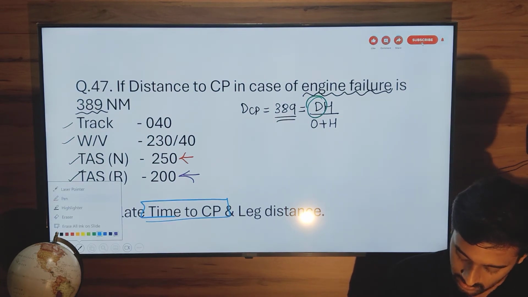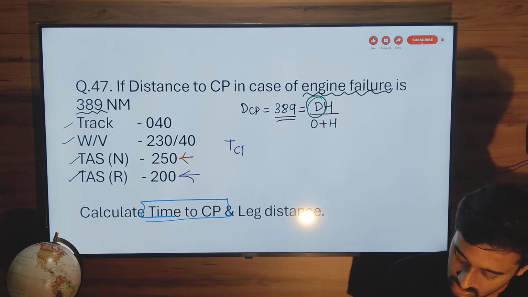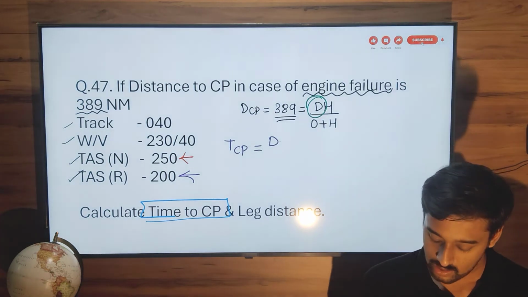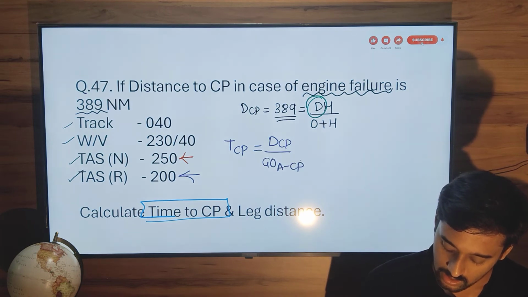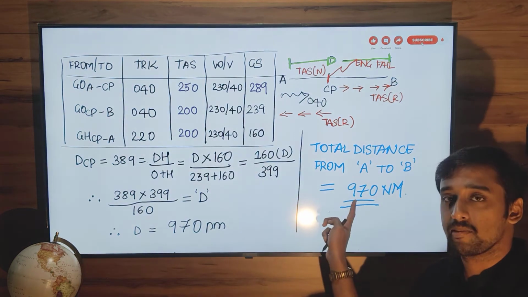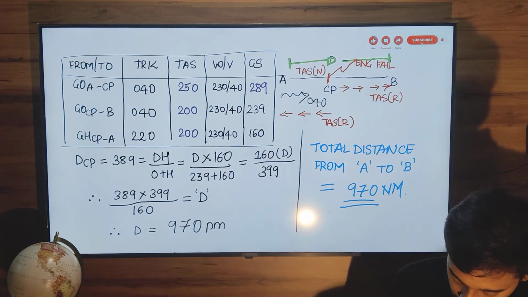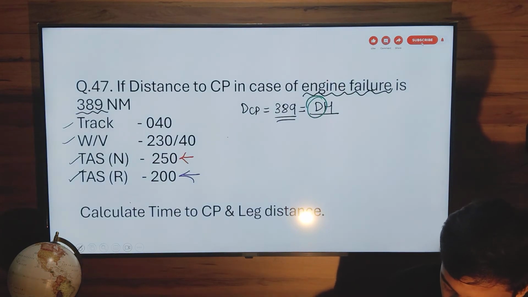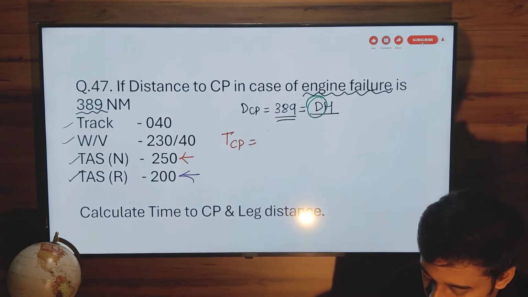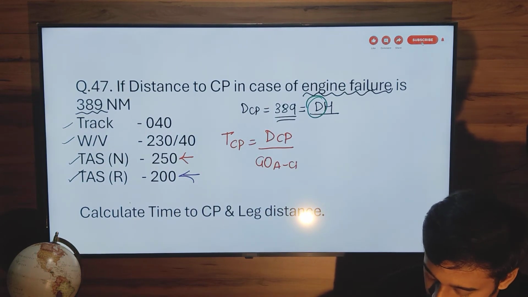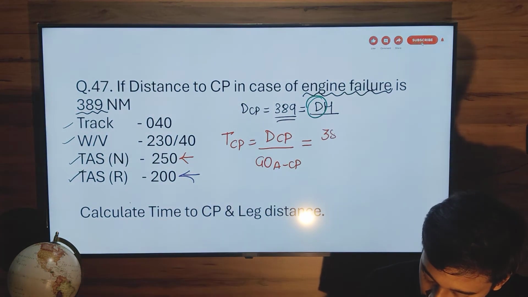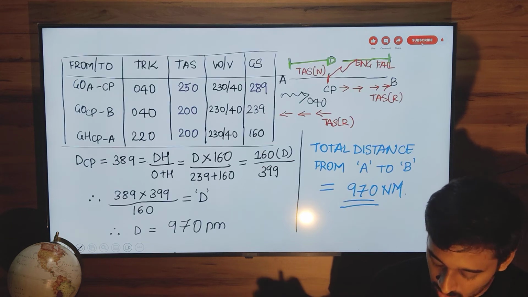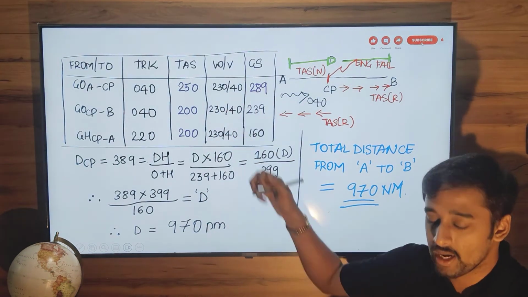So time to CP will be distance to CP divided by ground speed outbound A to CP. Distance to CP is 389 nautical miles, divided by ground speed outbound A to CP, which is 289.